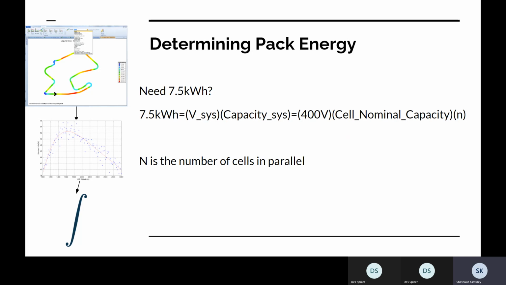We just have to divide this system capacity by each individual cell's capacity. We wind up with 6 parallel cells, 96 series cells. So does anyone know how many cells that is total? 6 in parallel, 96 series. So 96 sets of 6 parallel cells gets you 576 cells. That's right.